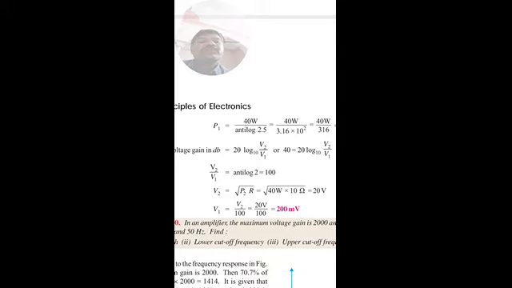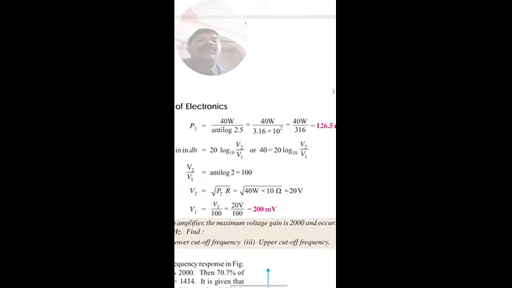So V1, V2 by V1 is equal to 100, it is given.